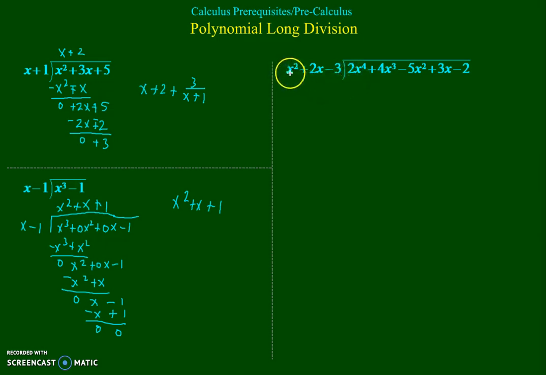That would be 2x squared. 2x squared. Multiply through. We have 2x to the fourth, 4x to the third, and minus 6x squared.